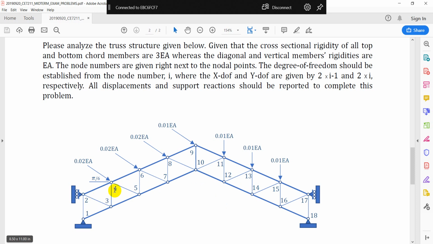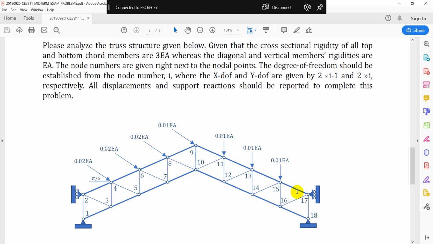How about this? 1, 2, 3, 4, okay. 4 members here will be alike, and these 4 are alike, and then vertical 1, 2, 3, 4, 5, 6, 7, 8, 9 are identical. So we have 1 kind, 2 kind, 3 kind, and 4 kind. 4 stiffness matrices that we need to compute.